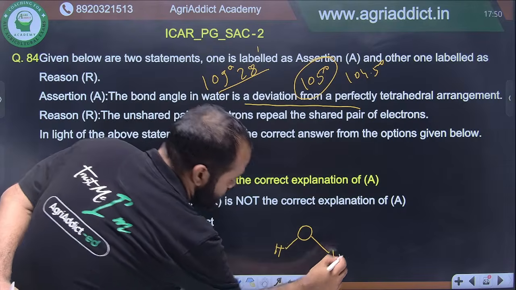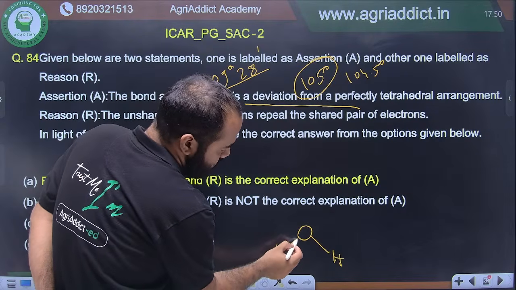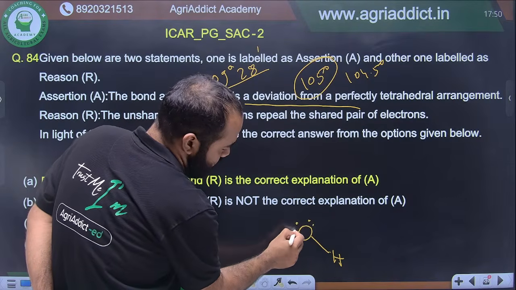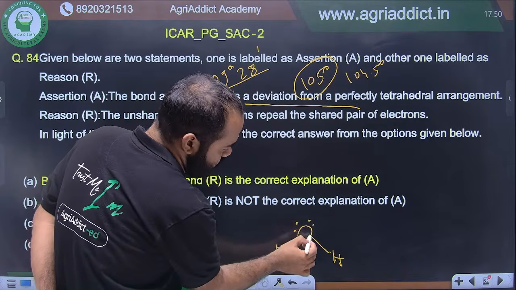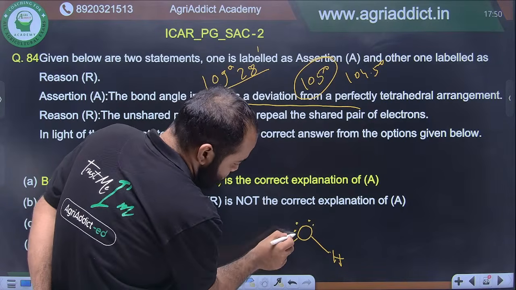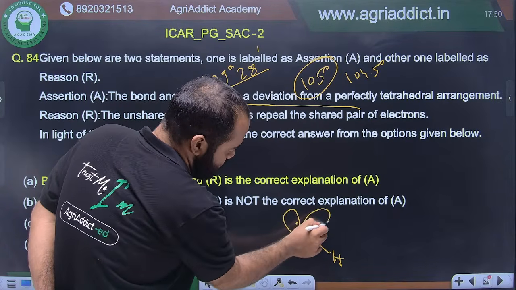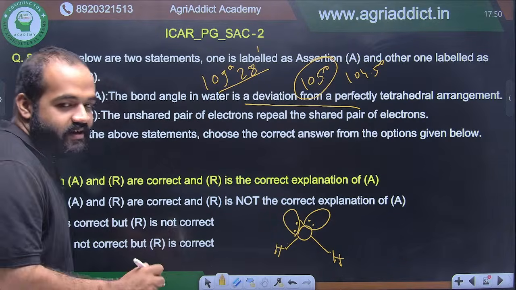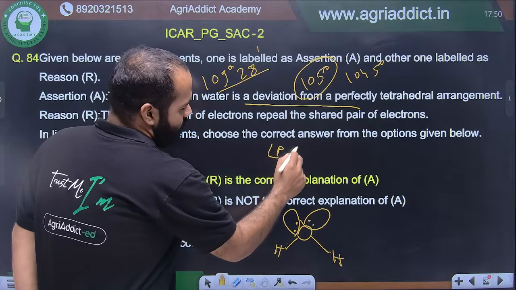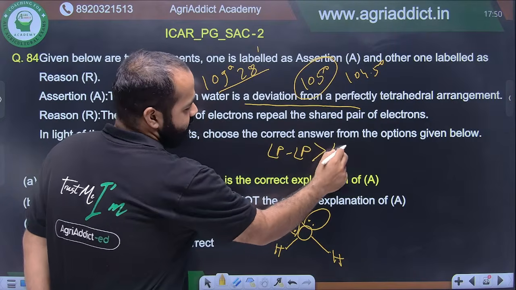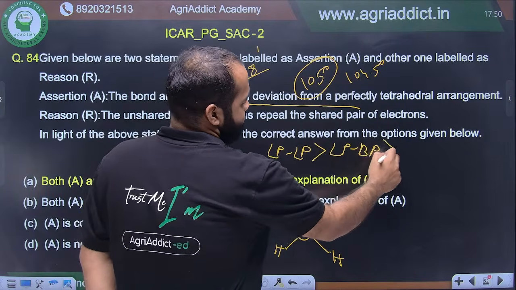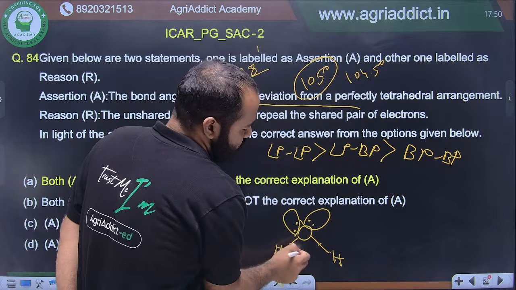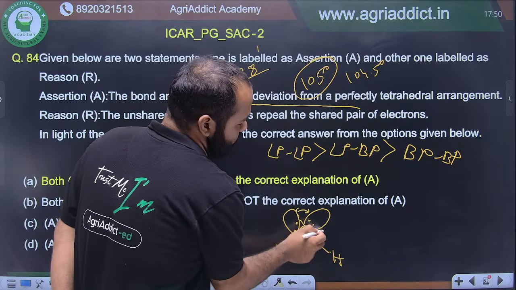ये हो गया water. तो ऑक्सीजन का कितना इलेक्ट्रॉन हुआ? 1 2 3 4 5 6 7 8. ऑक्सीजन का खुद का कितना इलेक्ट्रॉन हुआ? 1 2 3 4 5 6. So correct. So this is a lone pair and this is a lone pair. And if you remember correctly your chemistry lessons from 11 and 12, the lone pair lone pair repulsion is greater than lone pair bond pair repulsion, which is greater than bond pair bond pair repulsion. तो ये दो बॉन्ड में जो रिपल्शन है उससे काफी ज्यादा ये रिपल्शन है एंड ये रिपल्शन है.